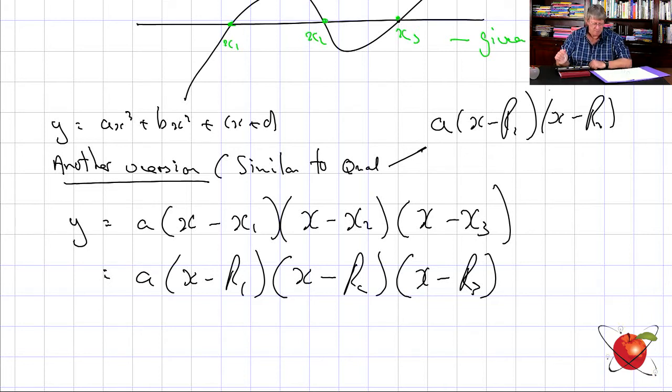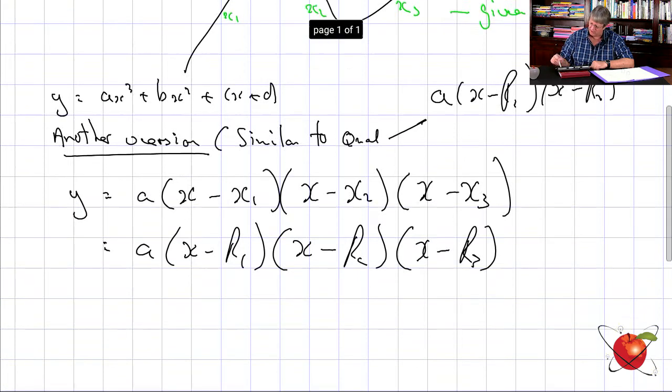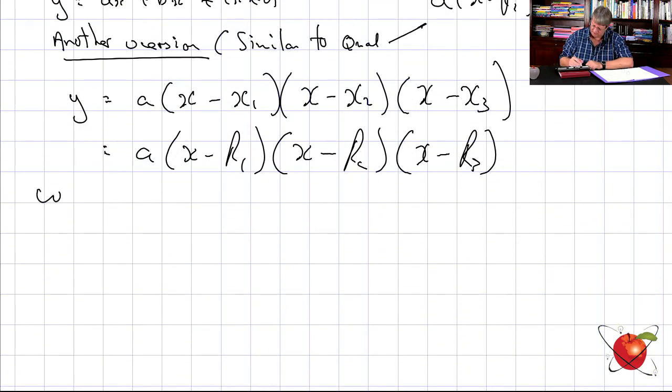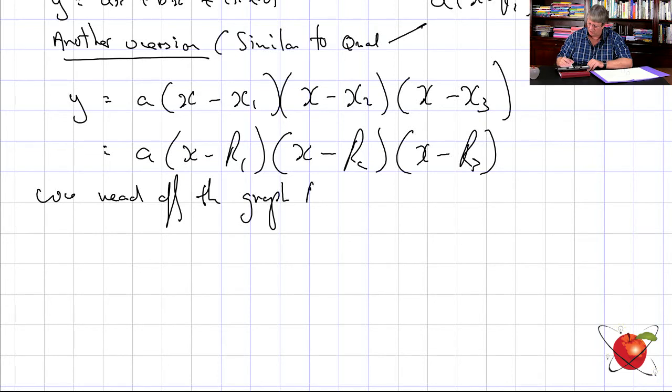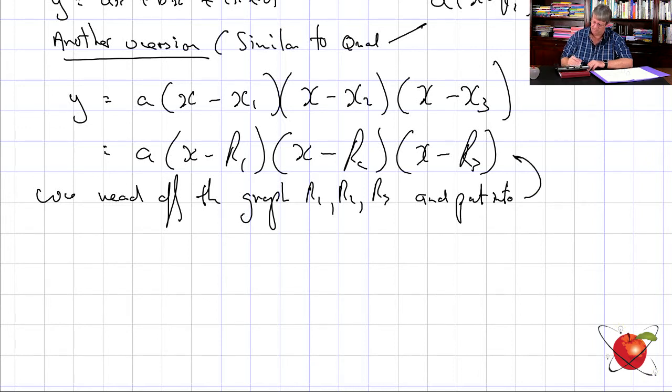Basically all we're saying is that we put it into that form. How do we do it? We read off the graph r1, r2, r3, and put into the formula and calculate a.